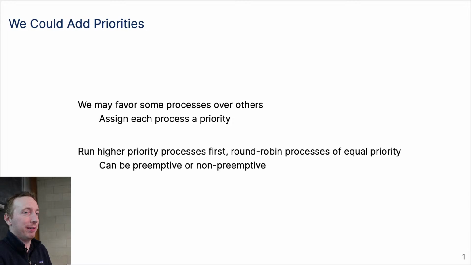You can make the priority number whatever you want. Usually it makes sense to say the higher priority processes run first, and sometimes that corresponds to a higher or lower number. You just need to be consistent. So we always run higher priority processes first, and then you might round robin processes if they are equal priority. And this can apply to both preemptive and non-preemptive processes.